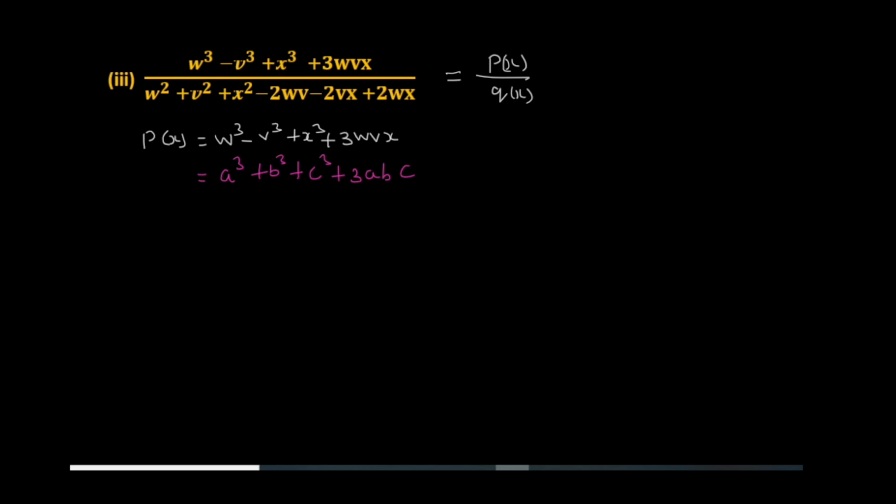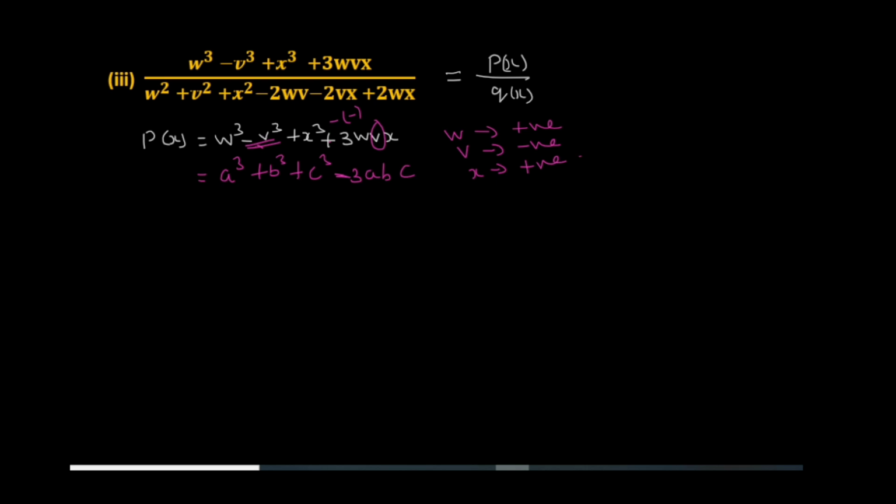Here v is negative, so originally our formula has a negative sign here; in our given sum, v is negative, and negative and negative will become positive. So w is positive, v is negative and x is positive.